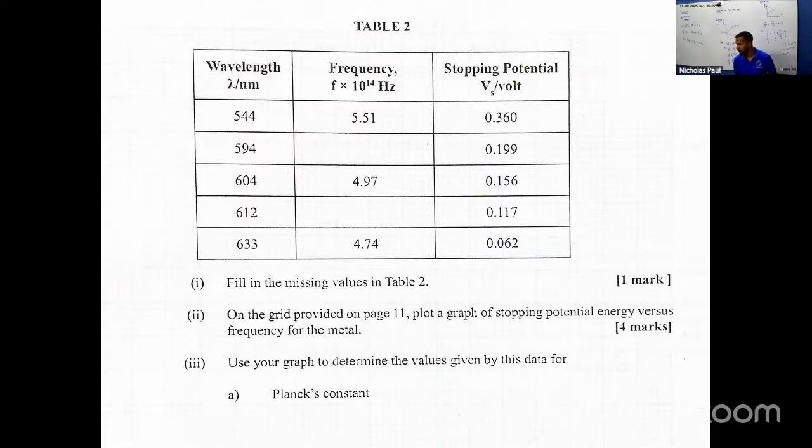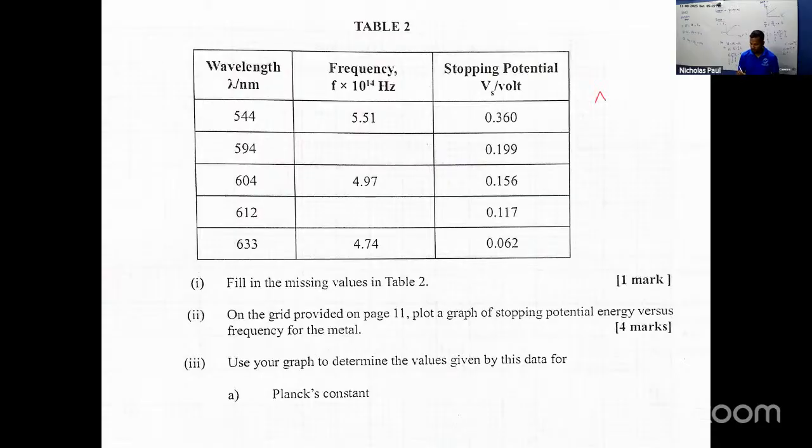But if you plot the graph based on that, you use the table with wavelength. How do you find frequency if you have wavelength? Think of the formula relating lambda and frequency. I'm going back to my first question.